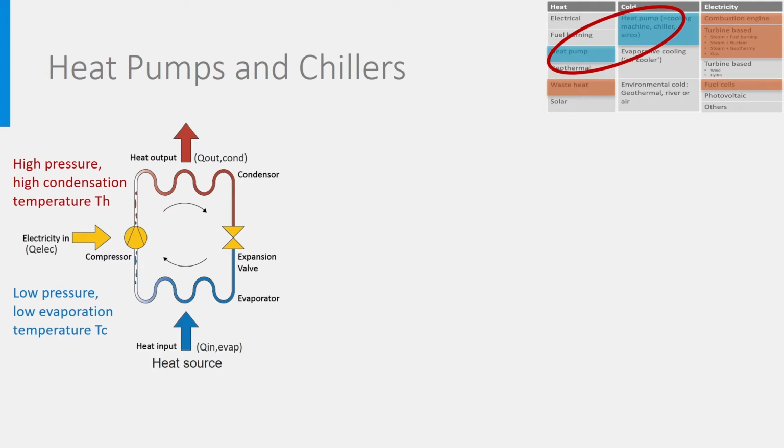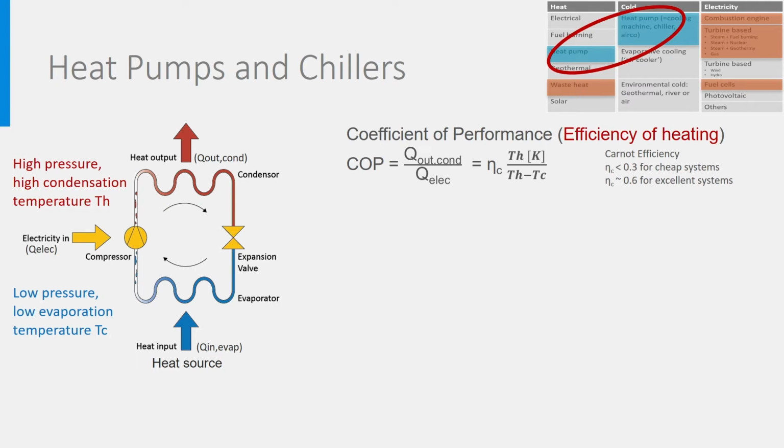The efficiency of a heat pump is called the COP, coefficient of performance. It is defined as the heat output divided by the electrical input. Note also that the COP can be expressed in terms of the ratio between the high temperature at the condenser in Kelvin and the difference between the low and high temperatures.